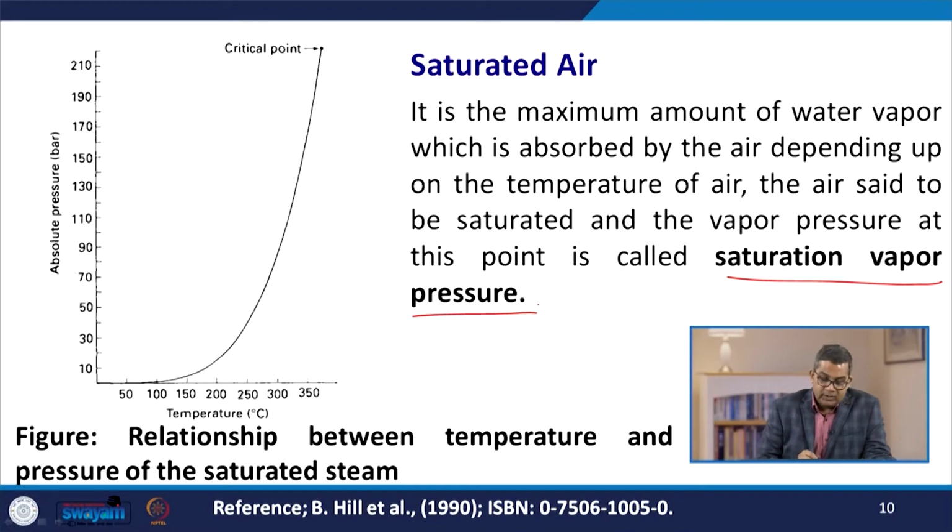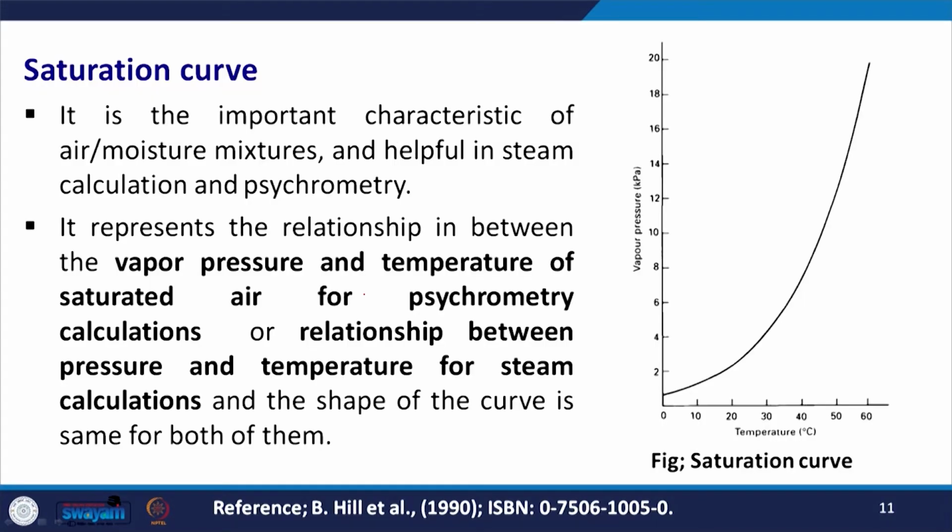Now, in this particular figure, you see the relationship between the temperature and the pressure of saturated steam. Sometimes, from different engineering perspectives, you need to look at the saturation curve. It is an important characteristic of the air-moisture mixture, and it is helpful in steam calculations and psychrometry.